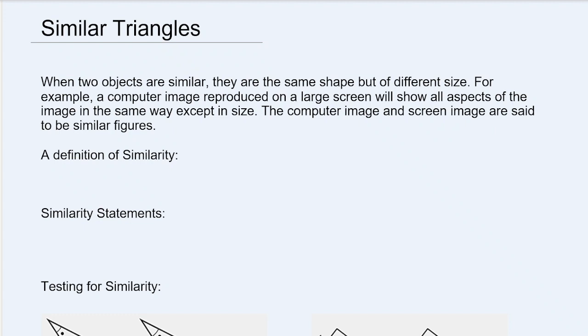Now, a quick little definition of similarity is when two or more shapes are the same shape, but not necessarily the same size.